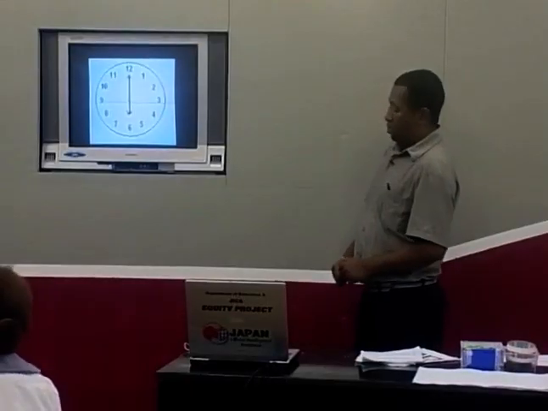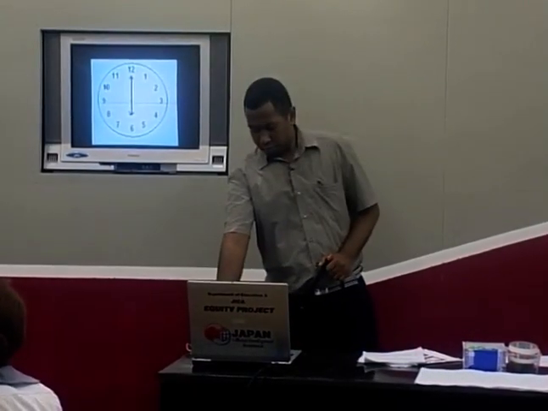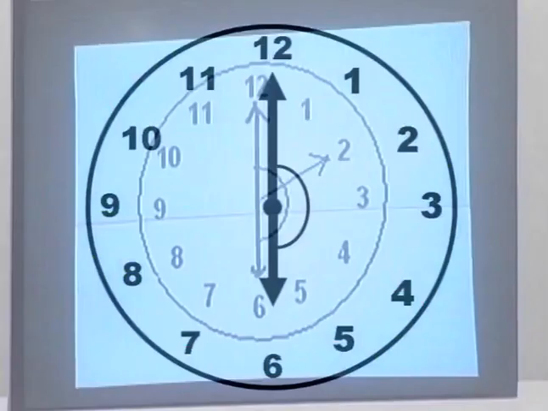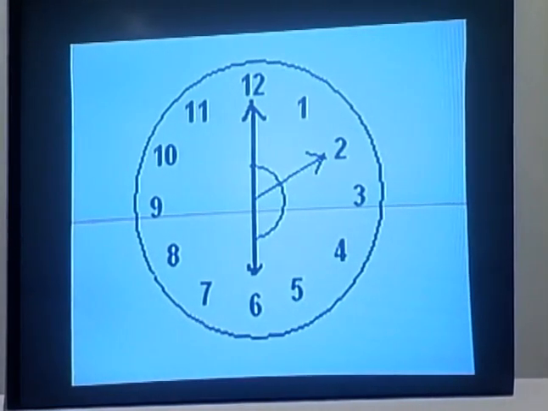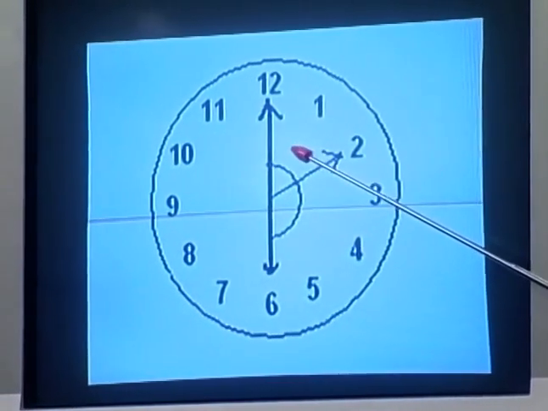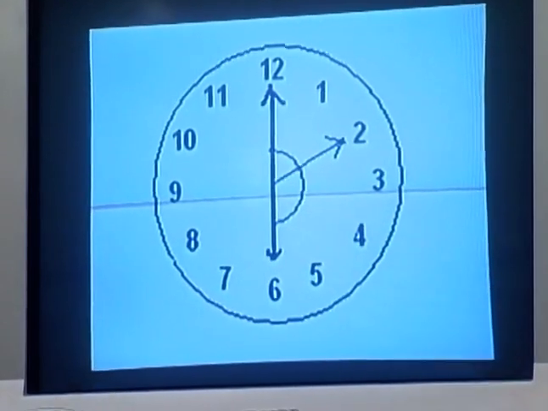The angle that is showing is a straight angle. How many degrees does a straight angle have? 180 degrees. Very good. So, again, when we include the second hand, it forms two angles. One angle there, the other angle here.